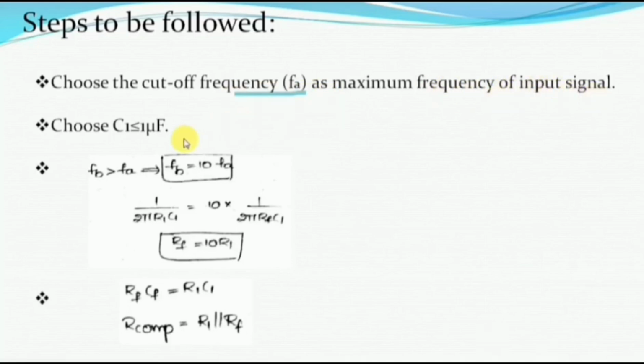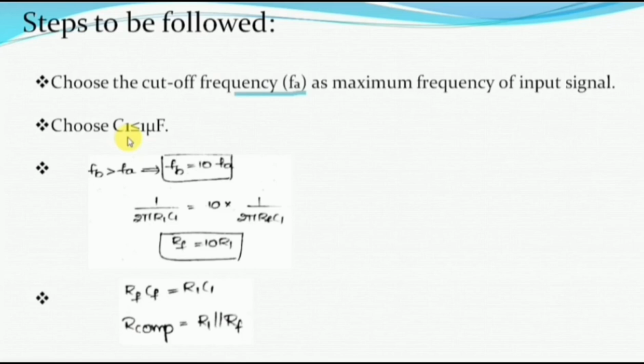In the second step, we have to assume the capacitance value C1, which is always in the range less than 1 microfarad. Here we can assume the C1 value as 0.1 microfarad, 0.001 microfarad, or 1 microfarad. I am stressing these three values because in practical experiments, we assume the capacitor value C1 as 0.1 microfarad or 0.001 microfarad.